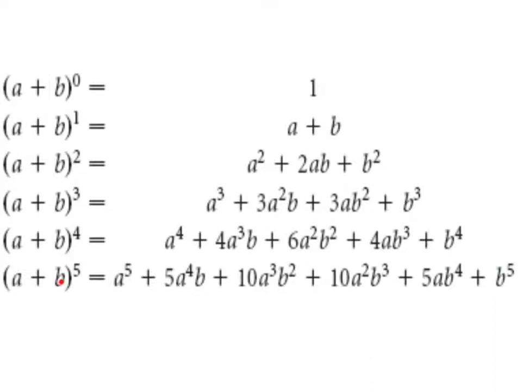Whereas this second term starts off and it's not there because it's to the 0, and now it's to the 1st, to the 2nd, to the 3rd, to the 4th, to the 5th, and it works its way up. So there's 3 parts to every term. There's that coefficient from Pascal's triangle, and then there's your first term raised to a power and your second term raised to a power.